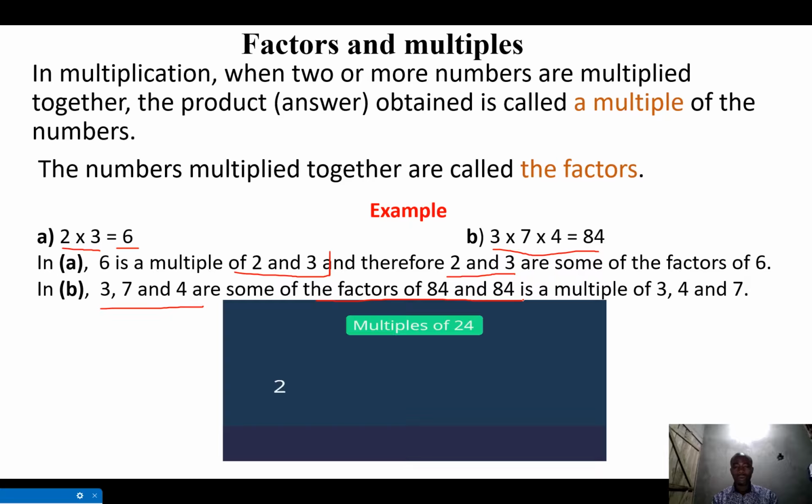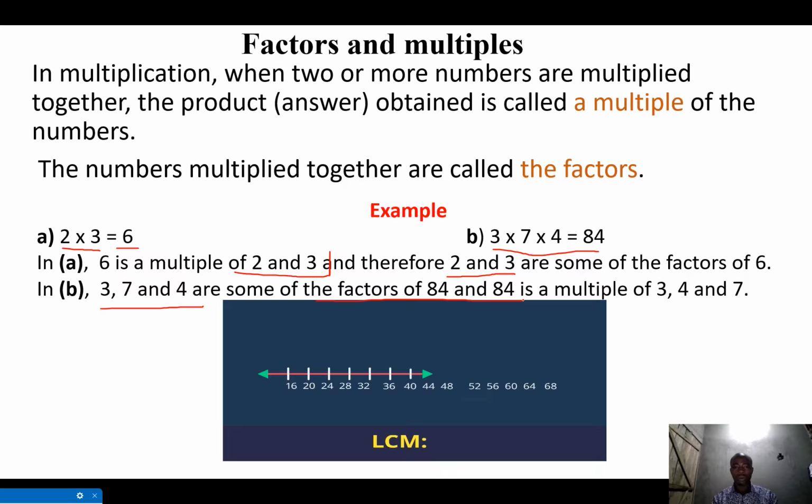We'll start off with 24 as the first multiple, then multiply by 2 to get the next multiple, which is 48. To get the third one, we multiply by 3 to get 72 and so on. So 24's multiples are 24, 48, 72, 96, etc.